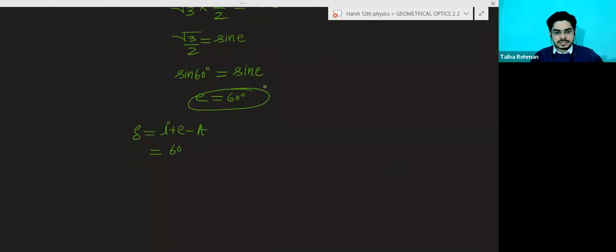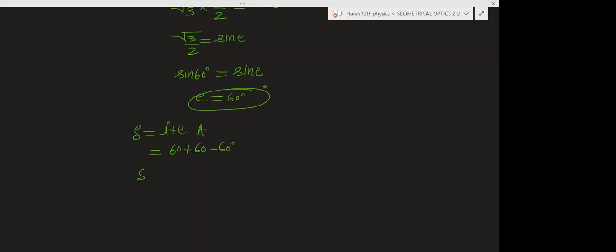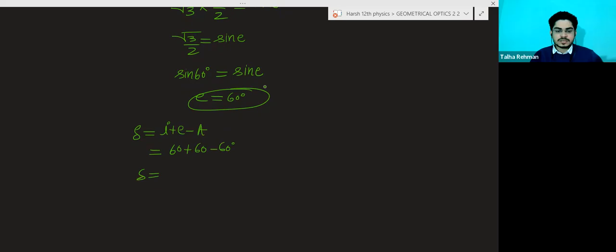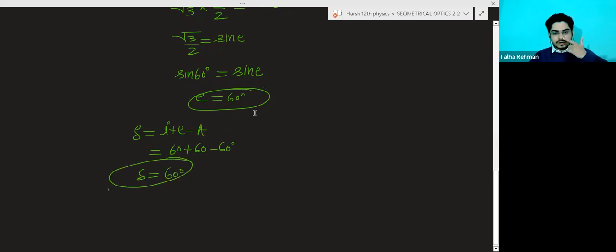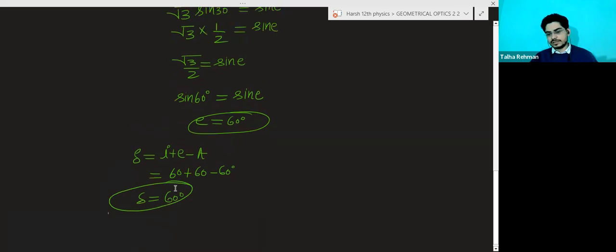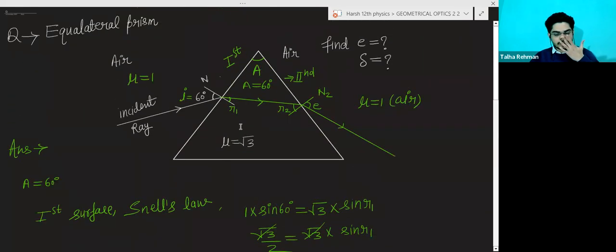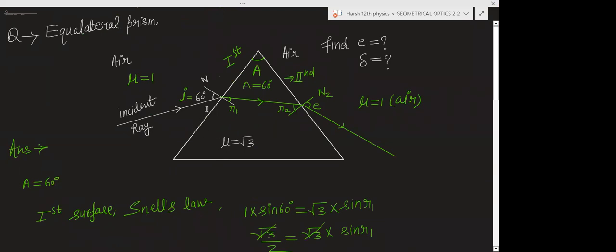What is the answer? 120 minus 60 means 60. So it will be 60 degree. So angle of emergence is 60 and angle of deviation is also 60. What is the meaning of angle of deviation 60? It means the incident ray is getting deviated by 60 degrees.